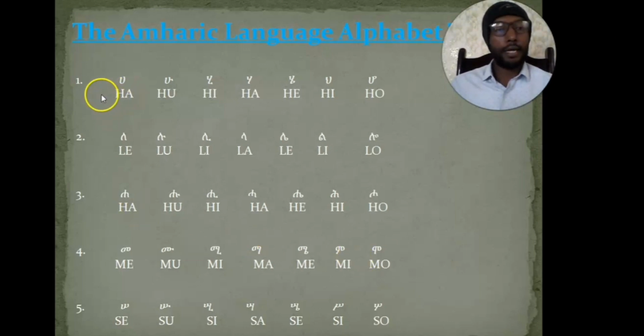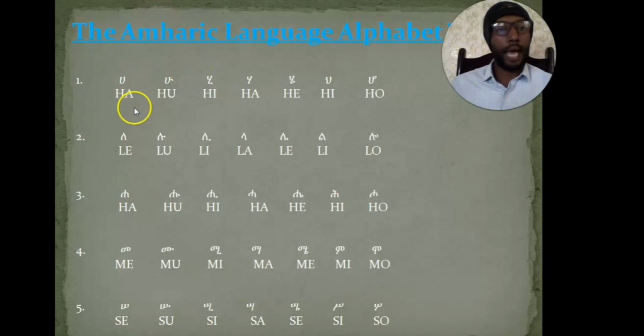Here, number 1 is the basic alphabet, this one, and it has 6 subgroups, okay? 1, 2, 3, 4, 5, 6. So each of the 34 Amharic alphabets has 6 subgroups, okay? So we'll see that, and let us start.